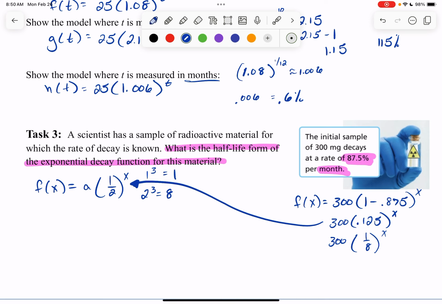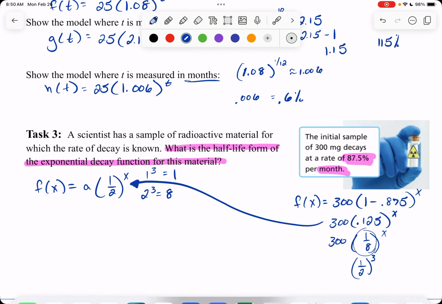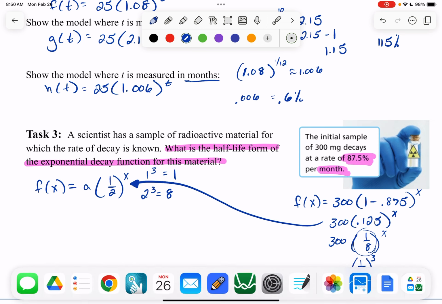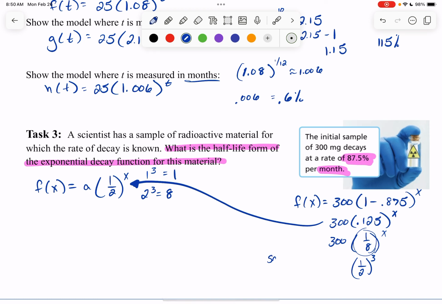So I can rewrite 1/8 as 1/2 to the third. 1/2 to the third is 1/8. This is what we call getting them to the same base. We want them both to a base of 1/2.